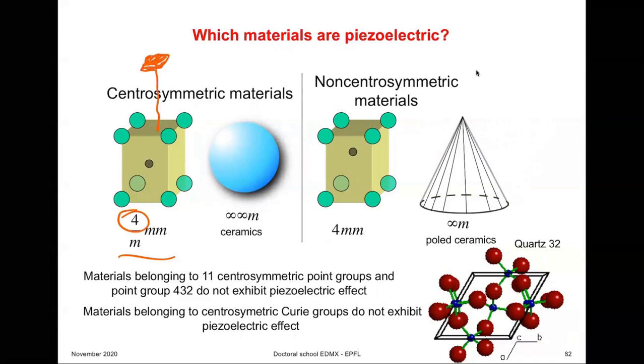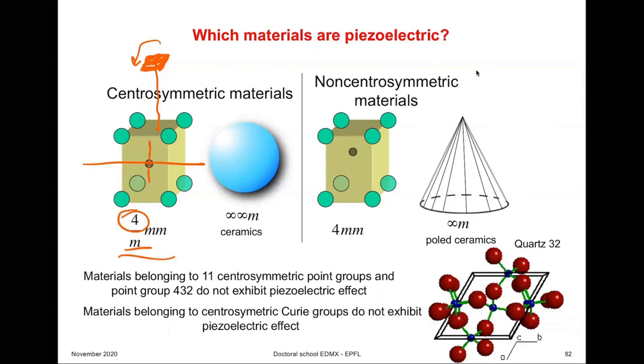A 4-fold axis means that rotating by 90 degrees, I get exactly the same body as I had before. M means that I have a mirror symmetry here.